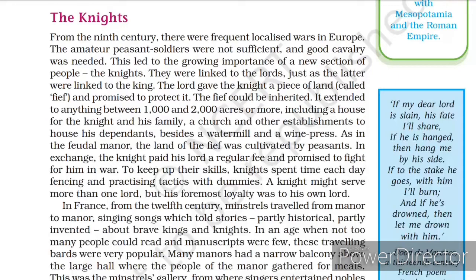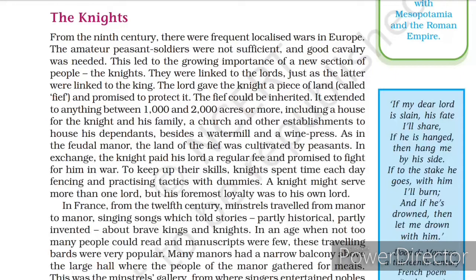Whenever the land is given to the knights, the landlord used to tell them that you have to promise that because you were given some land, your duty is to protect us. Okay, that is the promise that the knight has to give in lieu of the land that is given to him.